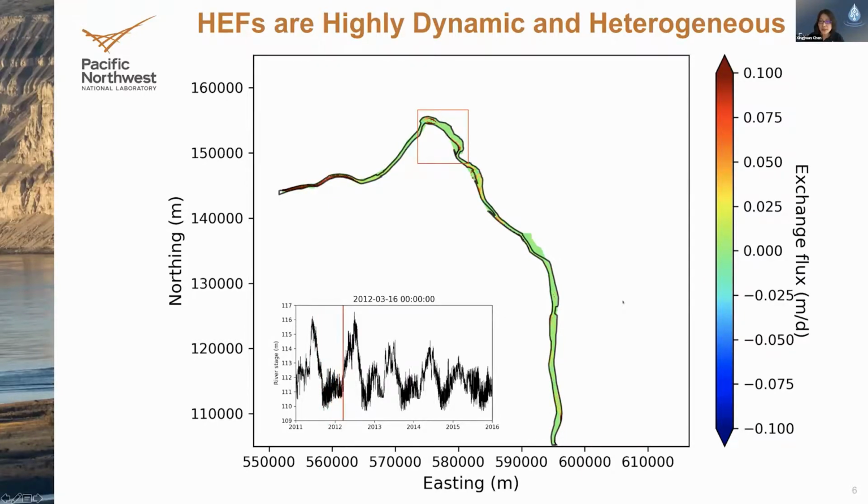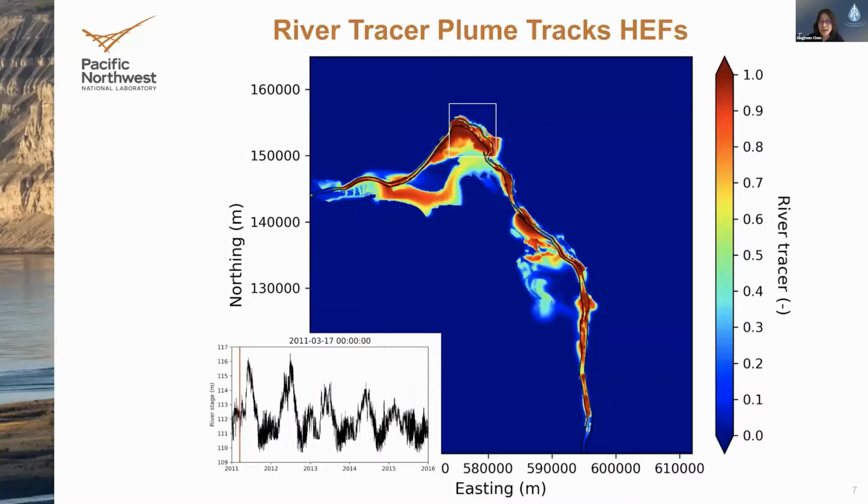Then we need to know what this kind of exchange means for where the mixing happens. So what we did was to apply numerical tracers in the river, and we track where they go in time and visualize it in this animation, similar to the exchange flux animation.